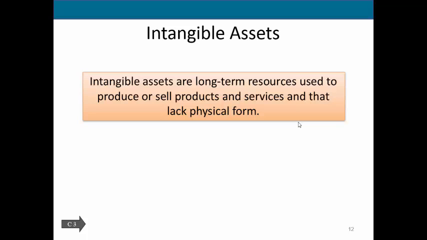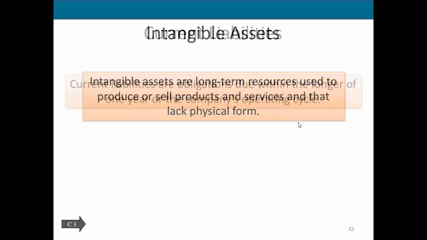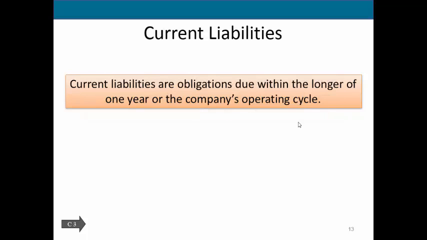Instead, it is legal documents that protect information. So that's an example of an intangible asset. And things like patents, copyrights, trademarks, so they all have different lives that are defined by contractual terms, but all of those are greater than a year.